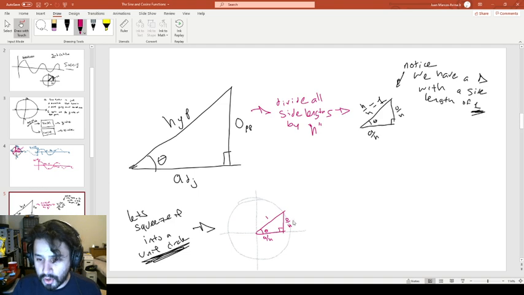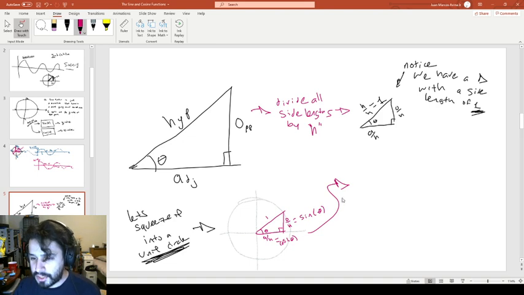So we know that this O over H is also equal to sine of theta. And we know that this A over H is also equal to the cosine of theta. And this is where the famous SOHCAHTOA comes from. We'll talk about the tangent part of it later, as in next time, not today.